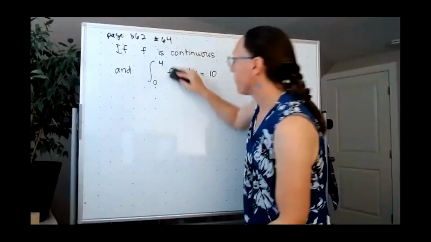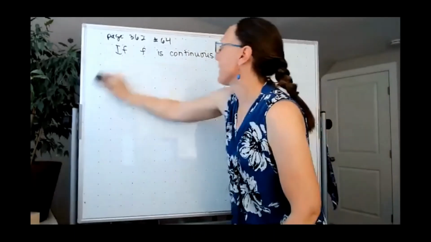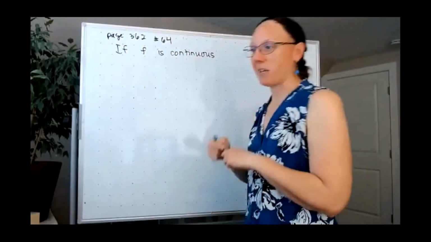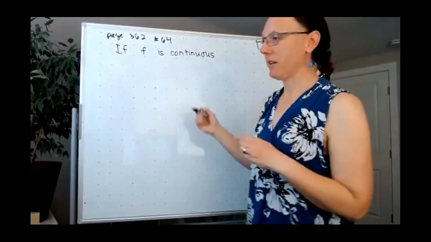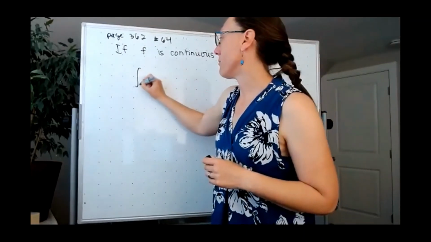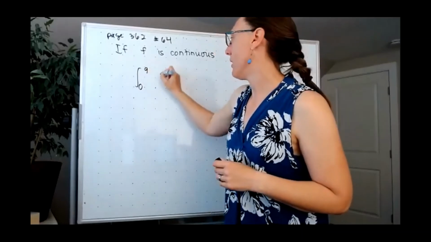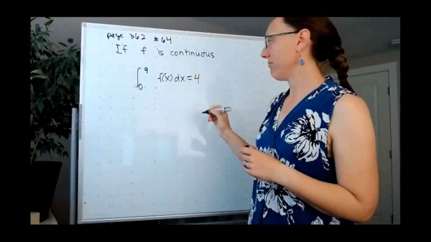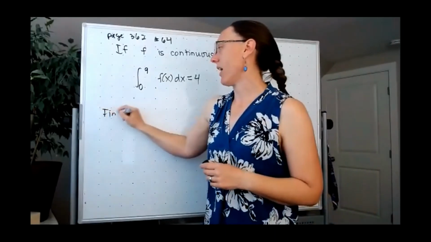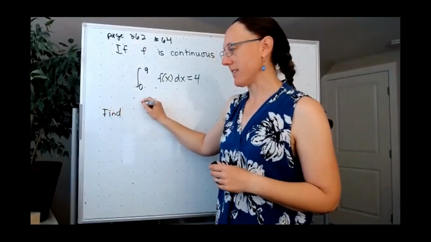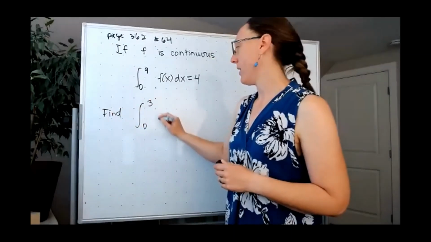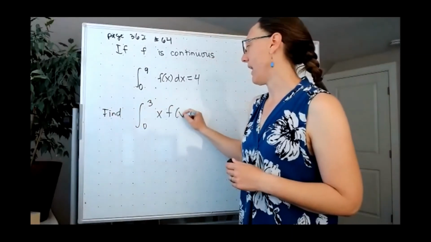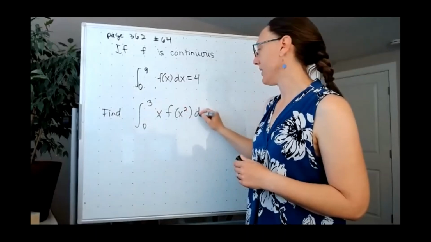Number 64 says that f of x is continuous, and the integral from 0 to 9 of f of x dx is equal to 4. And the thing we need to find is the integral from 0 to 3 of x times f of x squared dx.